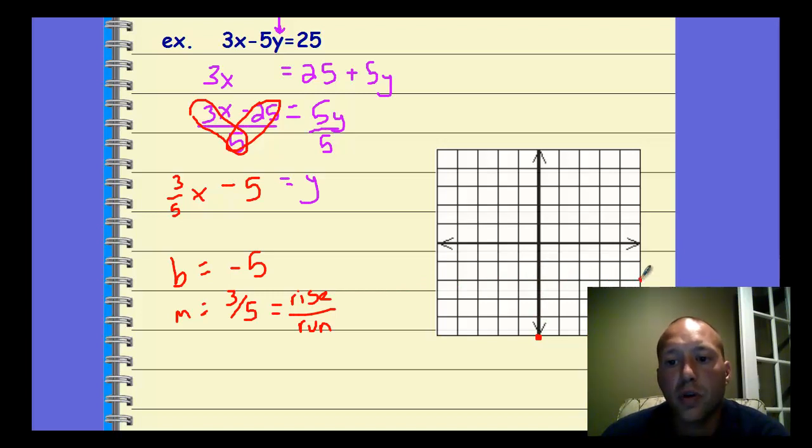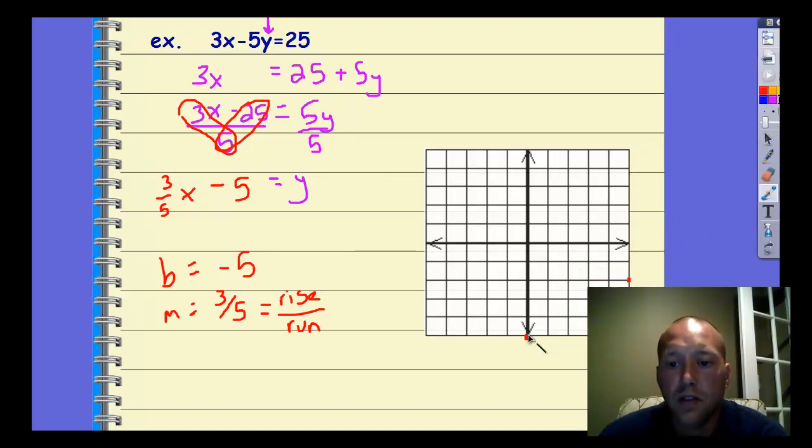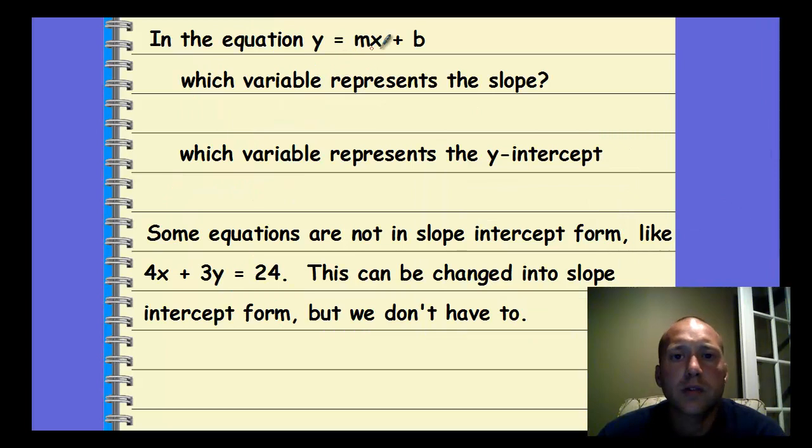And those are 2 points. We can use those 2 points to graph the line, and I will use the tools to draw my line for me. So in the equation y equals mx plus b, the variable that represents slope is our m value, and the variable that's the y-intercept is b. Make sure you know those variables by name.